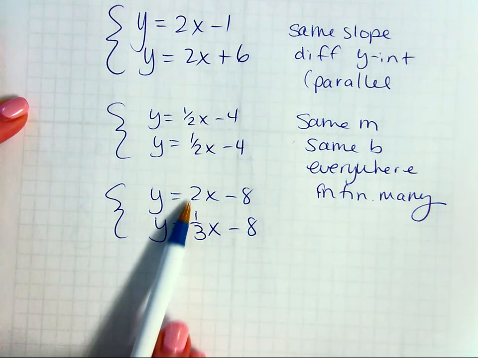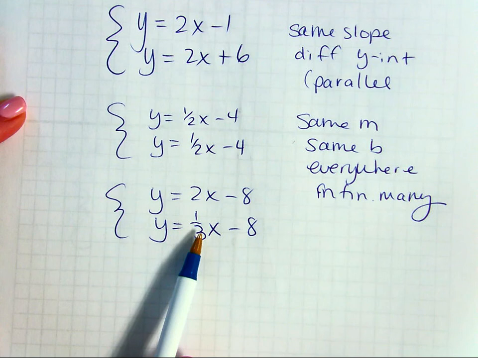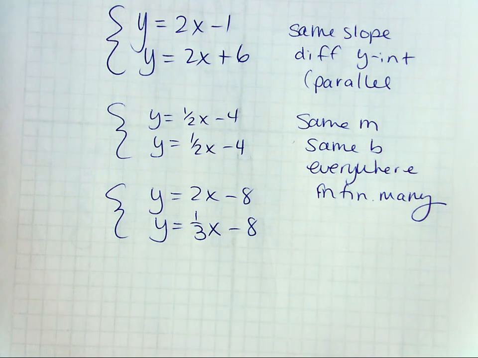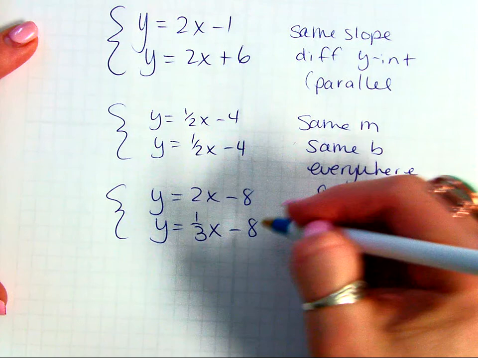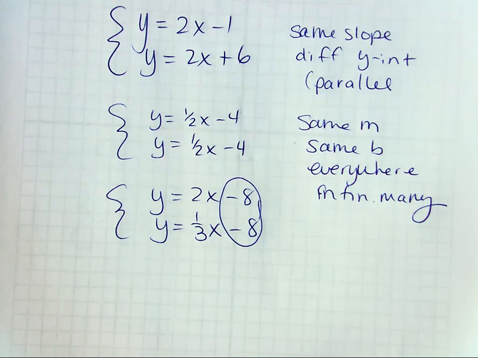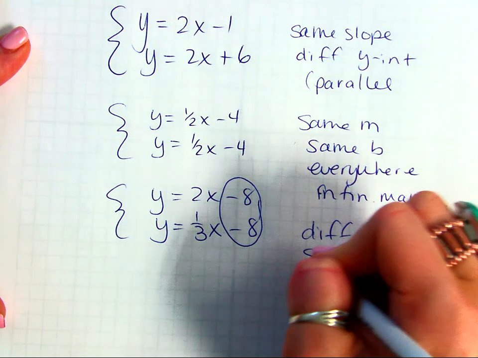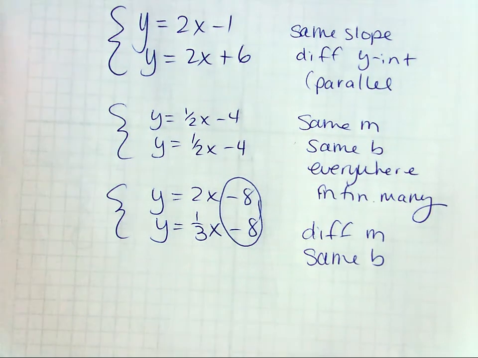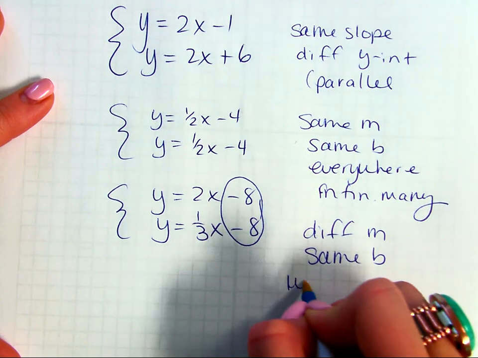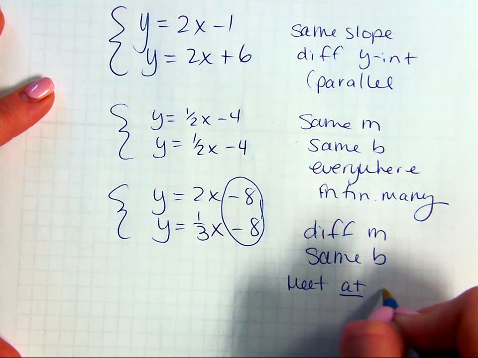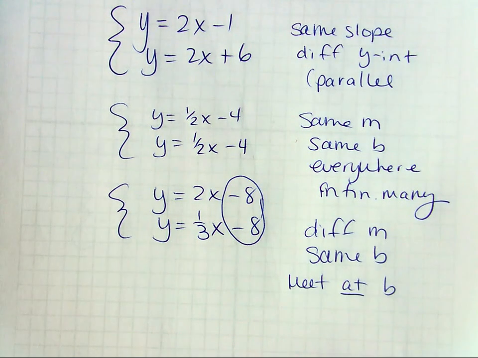So we know they're meeting, and you can tell by looking at the equation where they're meeting. They're meeting at the y-intercept, right? Aren't they both starting at -8? So different slope, same y-intercept means they meet at the y-intercept. Okay? So I need you to get some practice with this.